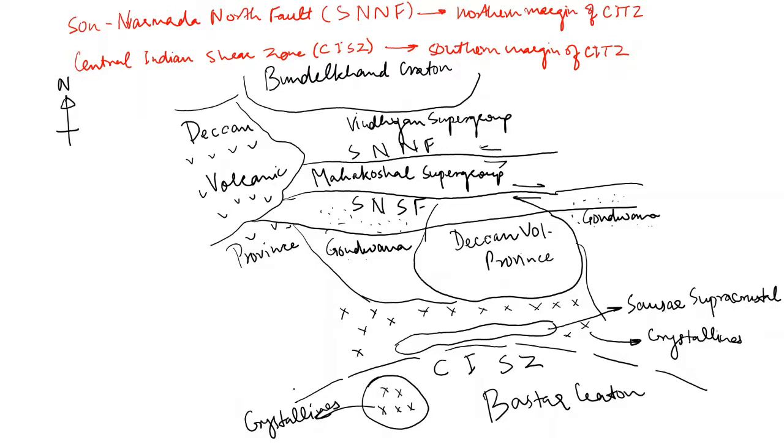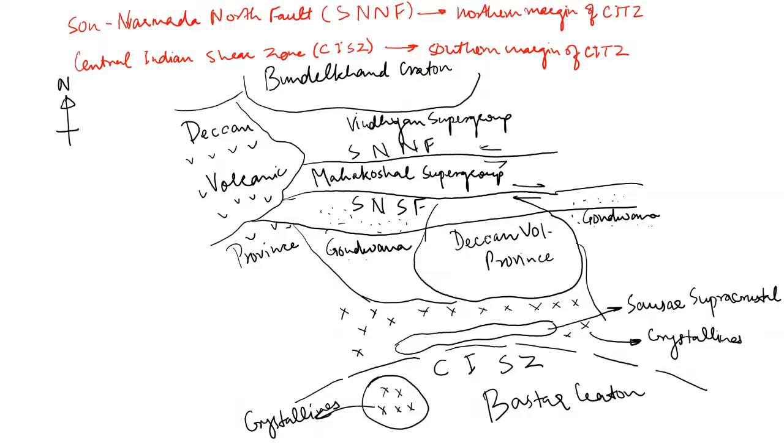So what we see over here is that the Central Indian Tectonic Zone basically lies between these two cratons, the Bundelkhand Craton and the Bastar Craton. And it is also flanking the Vindhyan Supergroup in the north and the Bastar Craton in the south.